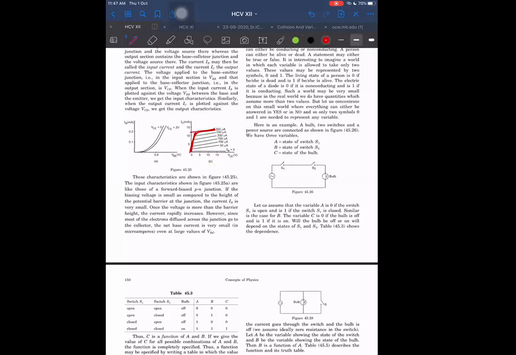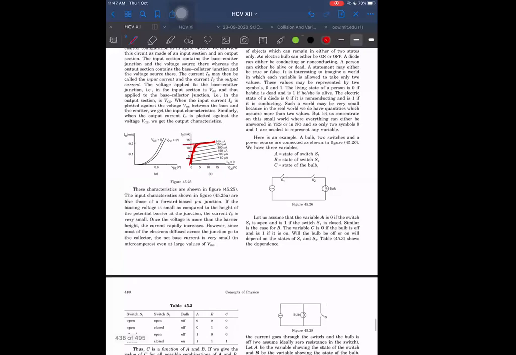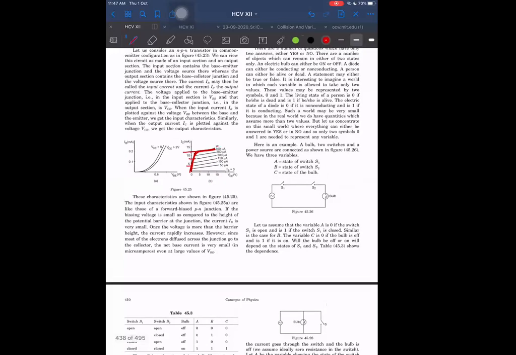Finally it becomes constant, but in the beginning it was 5, it was 10, it was going through all those possible values. So I can have different values of IC for the same value of IB when the transistor is in saturation mode. This starting part, where VCE is less than 0.2 or maybe 0.3, is representing saturation.